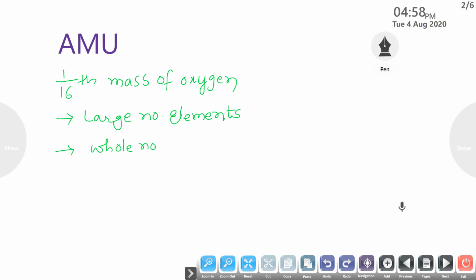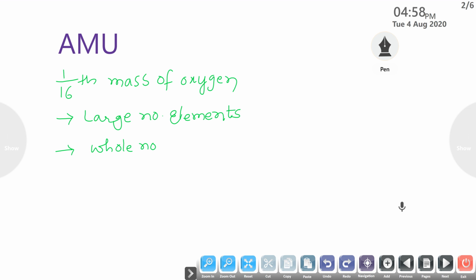I will repeat once again. The atomic mass unit gave masses of most of the elements as whole numbers. For these 2 reasons, they used 1/16 the mass of oxygen to identify atomic mass.